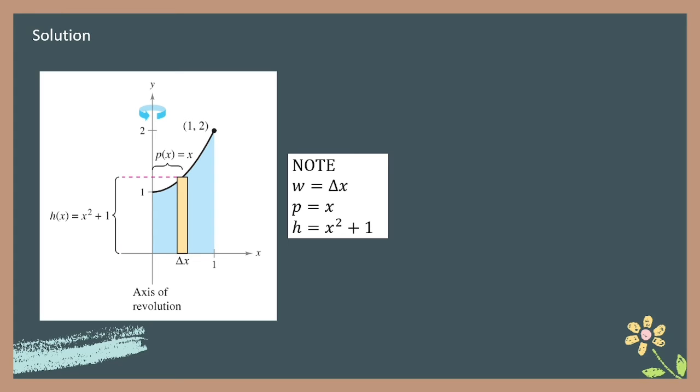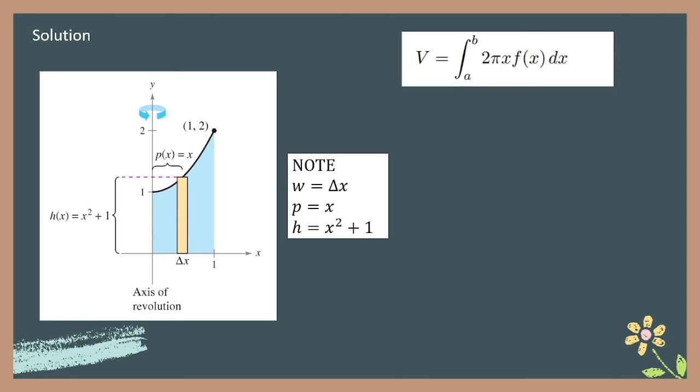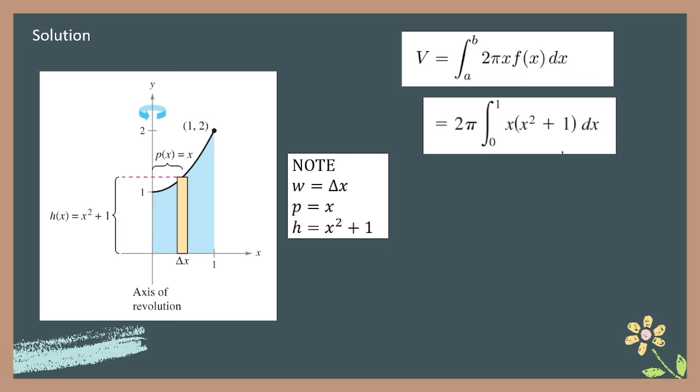Our p, or average radius, is still x, because our solid lies along the x-axis. And finally, our height here is equal to x squared plus 1, or simply our given function. So now we have to substitute it into the formula. We have 2 pi integral from 0 to 1 of x times x squared plus 1 dx.